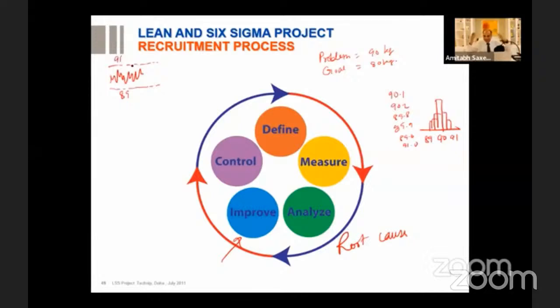Now, the way I was managing my process earlier, when I was not following DMAIC, is usually how our operations managers also manage their process. When it used to go to 91, I was worried, oh, 91. And I would stop eating for 1 or 2 days, and it would go to 90 kg. I felt happy.